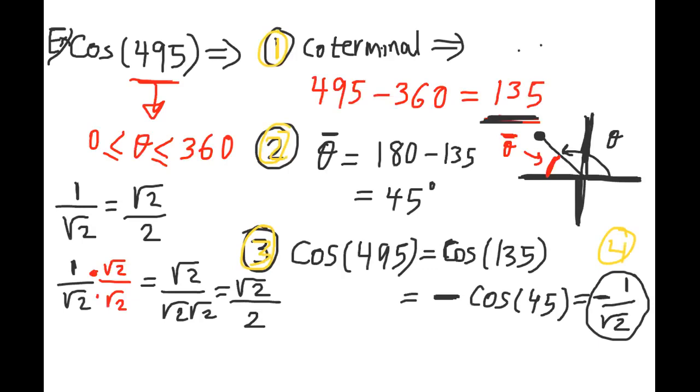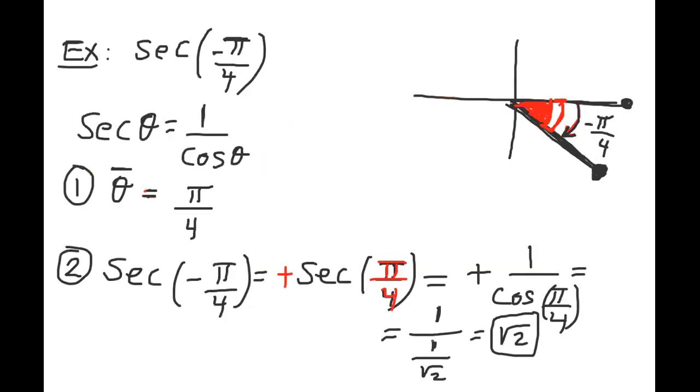So how do we start? In our example here, my question is to find the secant for the angle minus pi over 4. Minus pi over 4 means I start in the opposite direction, clockwise.